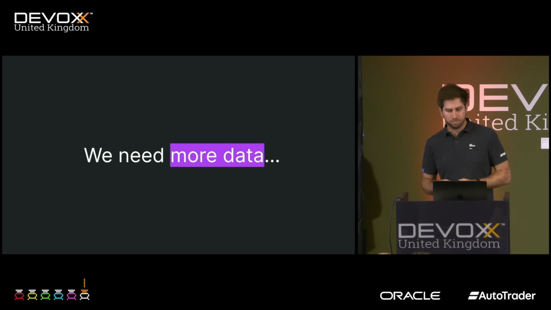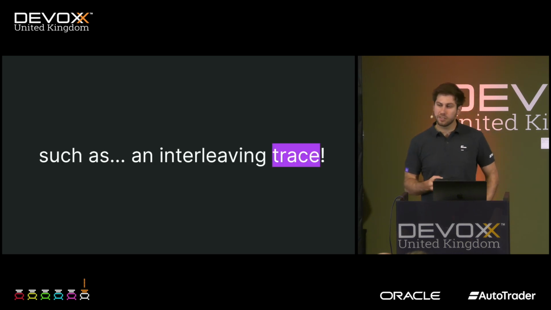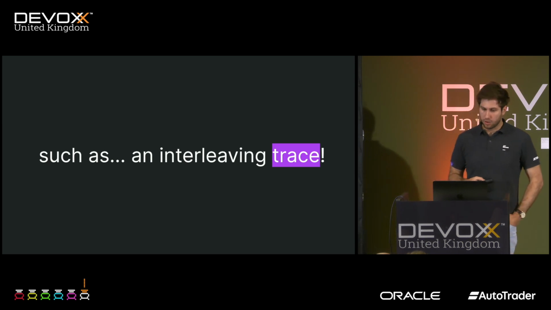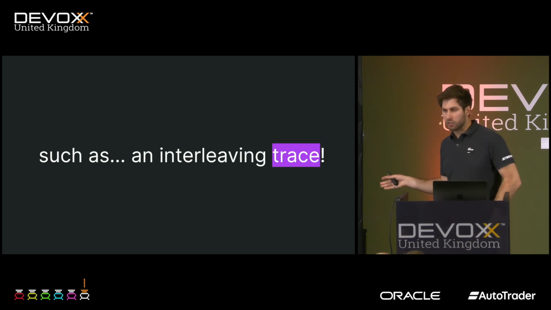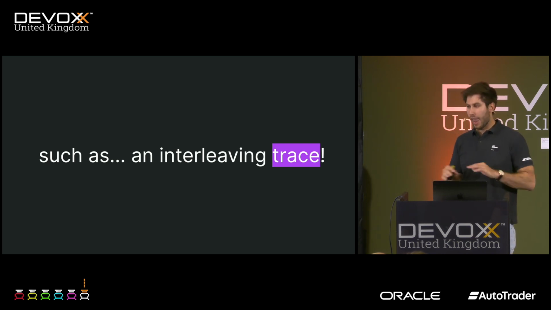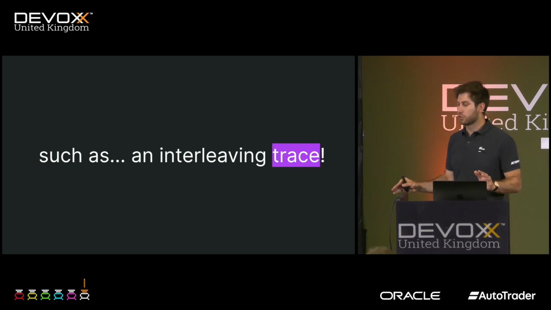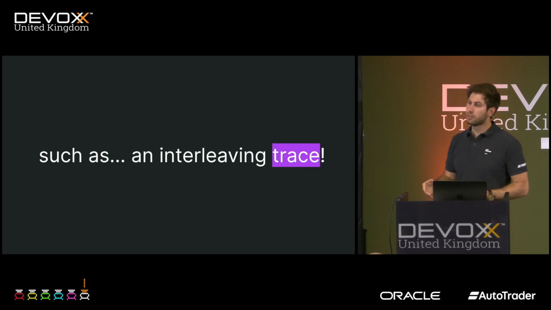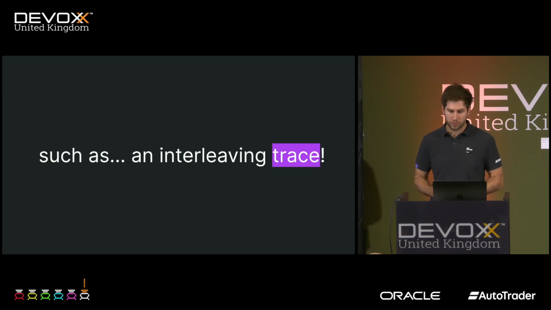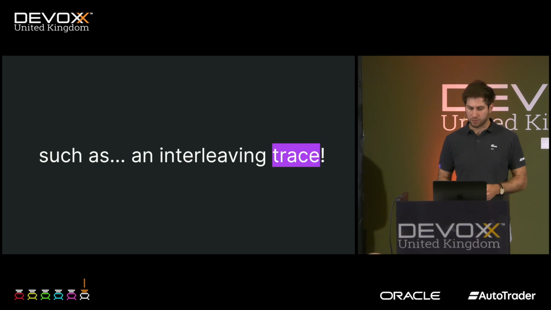And ideally, we need more data, such as an interleaving trace, including all the events, all the reads and writes, atomic operations, thread switches, all the events with the shared memory that were performed. And if we know all these events, and we have such a trace, then we can easily understand the root cause of the problem. Then we know how to reproduce the error, and we can analyze it.